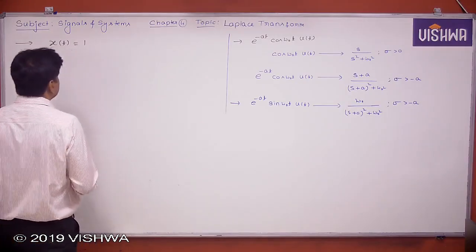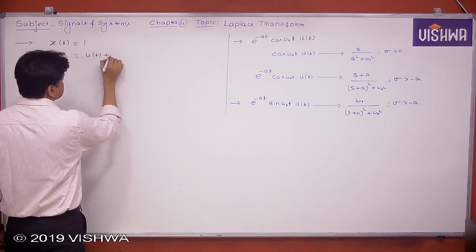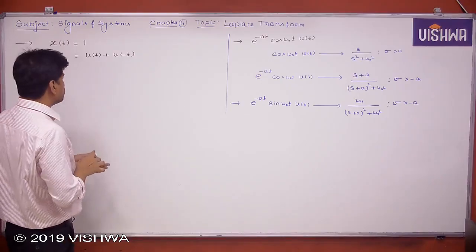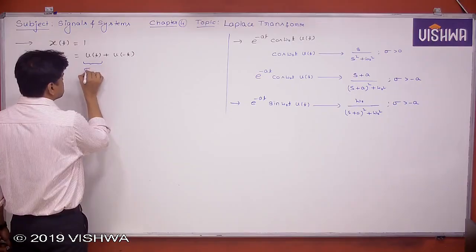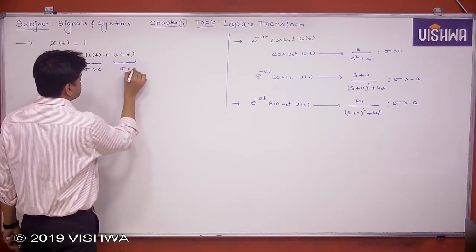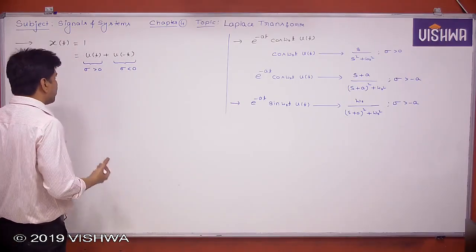We know 1 can be written as u of t plus u of minus t. For u of t, we have sigma greater than 0 as the ROC. For u of minus t, sigma less than 0. Do we have a common ROC?